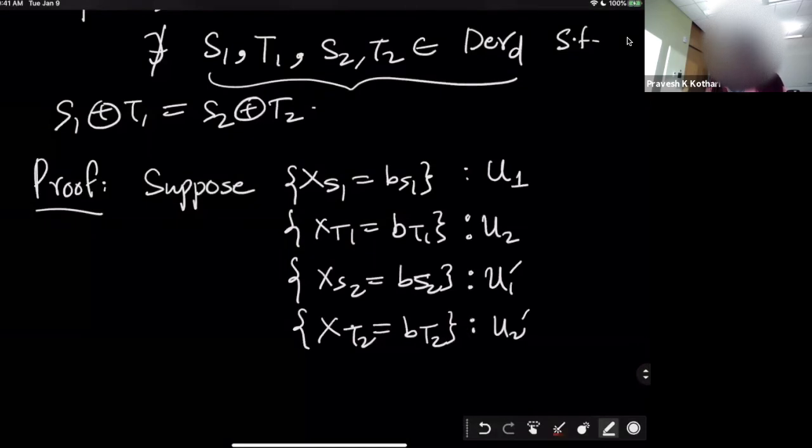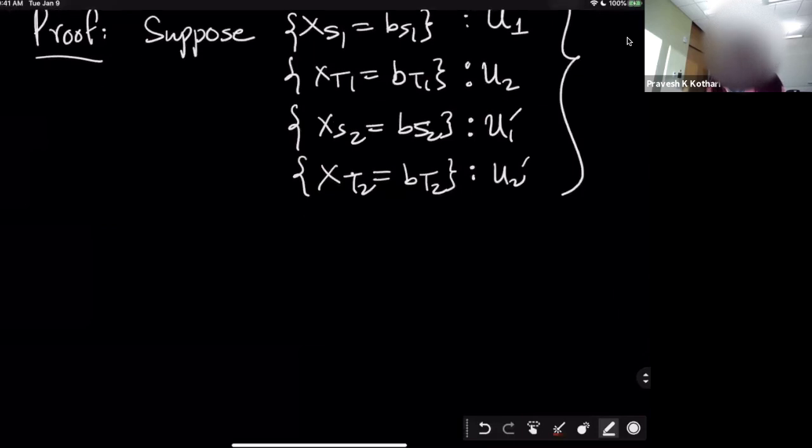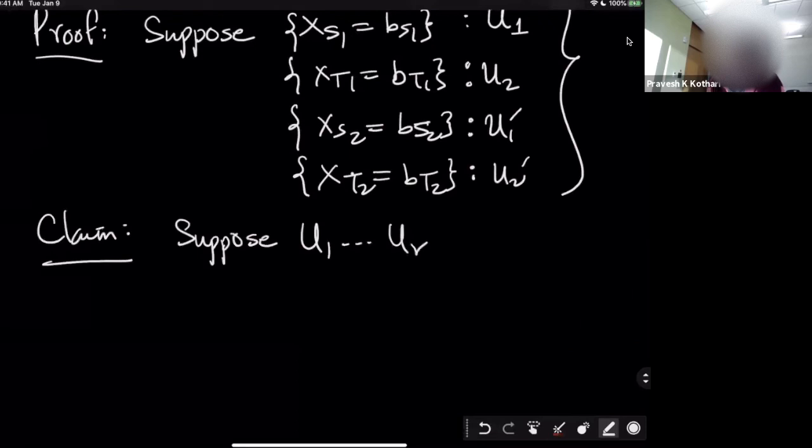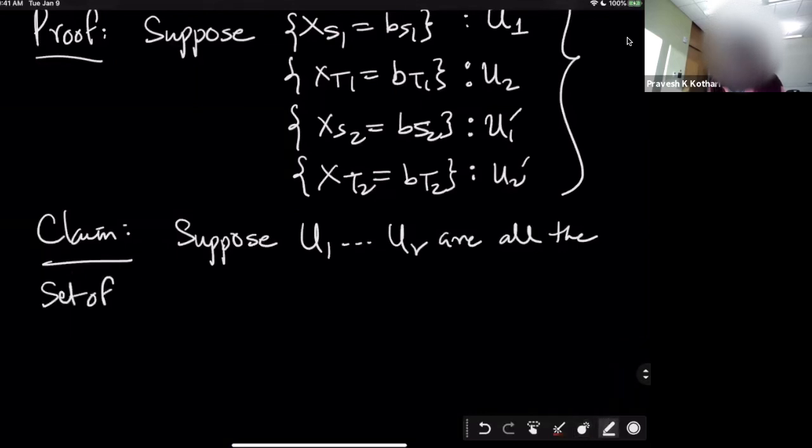So we'll argue some nice property of the clause sets that correspond to the hard constraints that we generated in the set of derivations. Here is a claim. Suppose U1 up to UR are all the clause sets, or sets of constraints from I, that appear in the derivations.